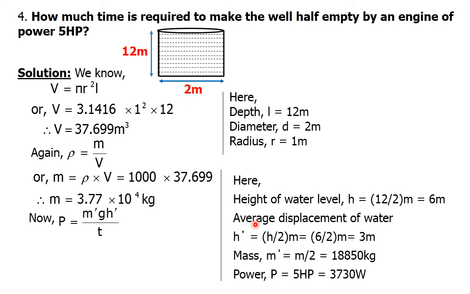And now we have to calculate the average displacement of water, which we have already discussed in our earlier math number 3. The average displacement of water H prime will be H by 2. Here H is the height of the water level, which is 6 meter. Then we get the result H prime is 3 meter.